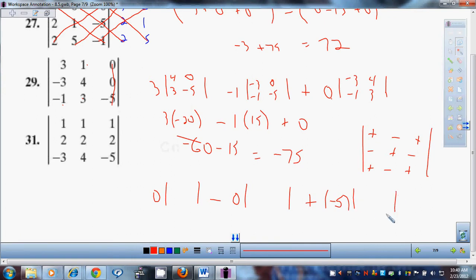And as you can tell, the beauty of doing it like this is if you have zeros, now, really, the determinant of this whole thing is just negative 5 times this minor. 12 minus negative 3 is 15. Negative 5 times 15 is negative 75. So either method you can use.